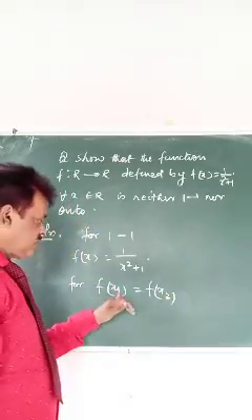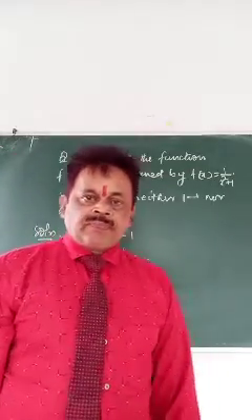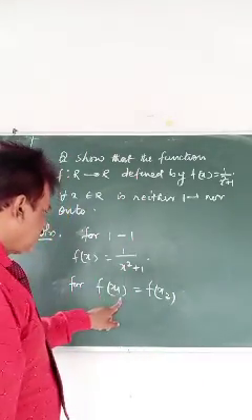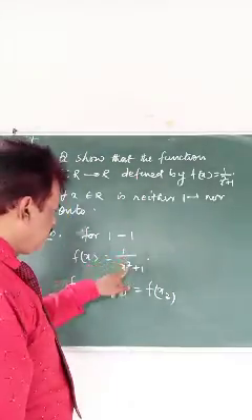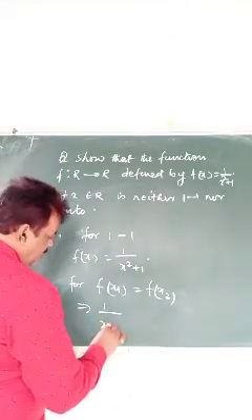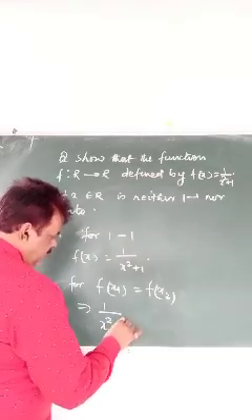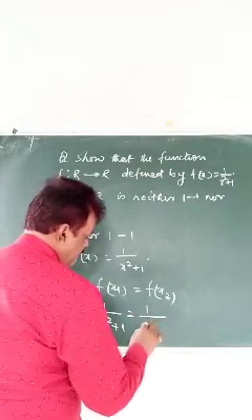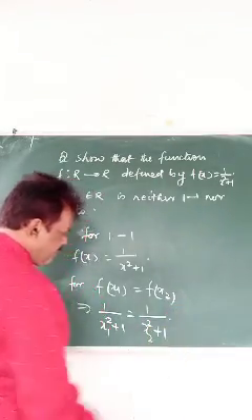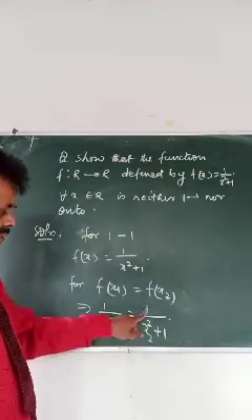If you take f(x1) equals f(x2), then you have to show x1 equals x2. So what is f(x1)? x is replaced by x1. You will get 1 by x1 square plus 1, equals 1 by x2 square plus 1. Do a cross multiplication.